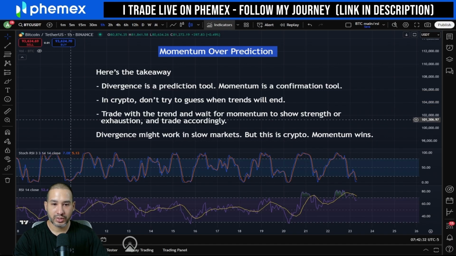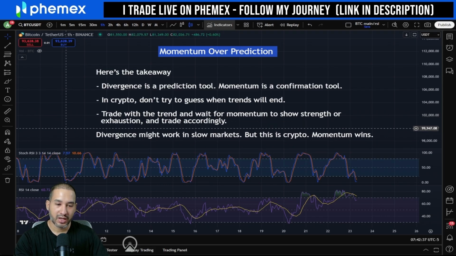You want to trade with the trend and wait for momentum to show strength or exhaustion and trade accordingly. So again, find the trend, get in, and when momentum starts showing weakness or signs of slowing down, you de-risk, you take profit, and you wait to see if the trend resumes to show more strength or if the trend breaks. The last thing is divergence might work in slow markets, but this is crypto.